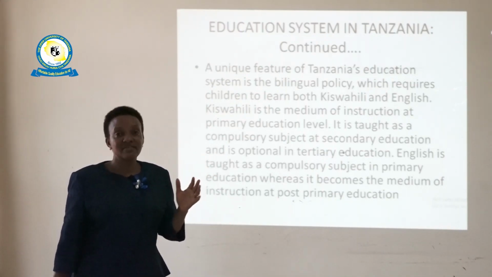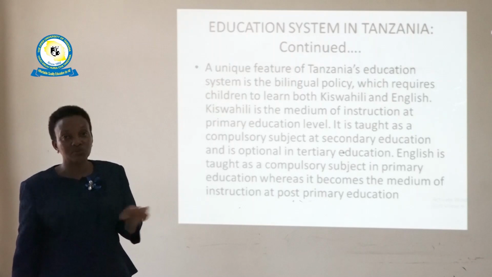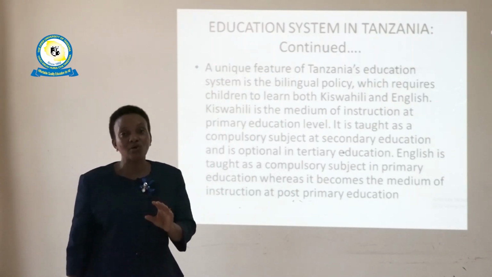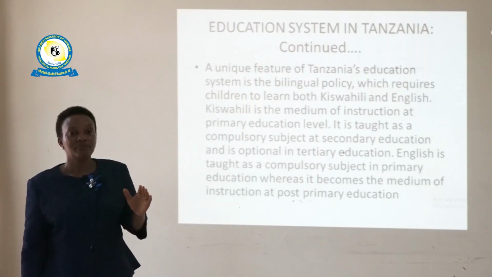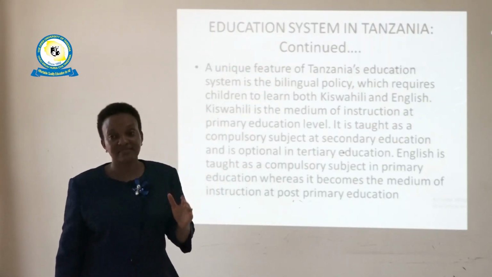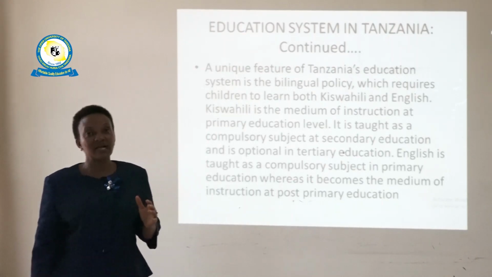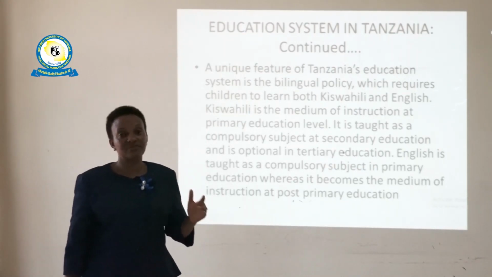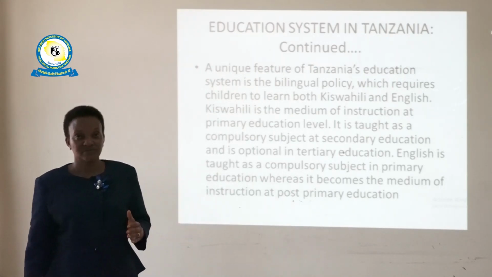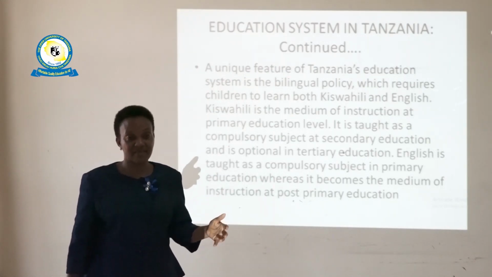However, it is different in these two types of schools. In public schools, English is taught from when a child is at standard 3. So every child, when entering standard 3, starts learning English as a foreign language subject.